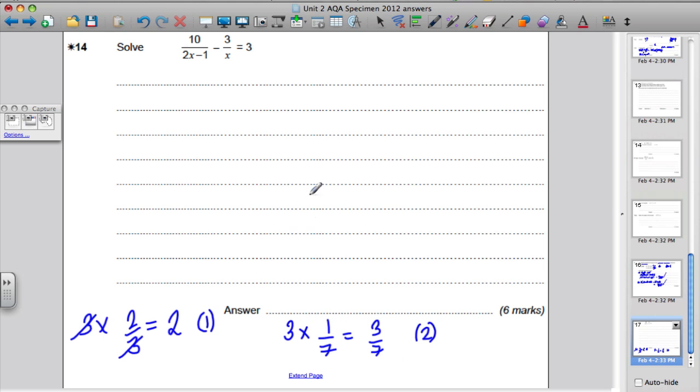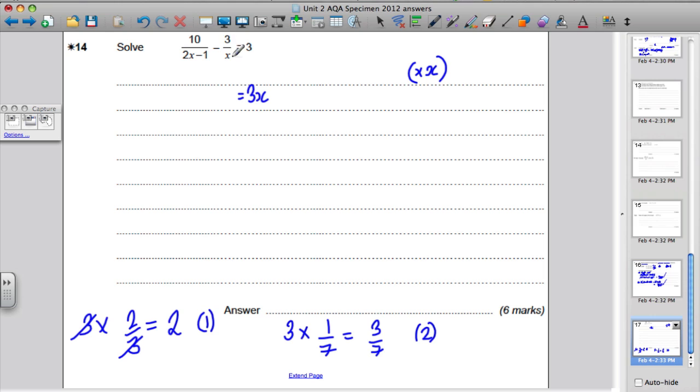Okay, mathematicians don't like surds on the denominator of fractions, and when they're solving for x's, they don't like x's on the denominator of fractions. So I'm going to try and firstly remove this x. If I multiply the whole equation by x, on the right hand side I would get 3x.